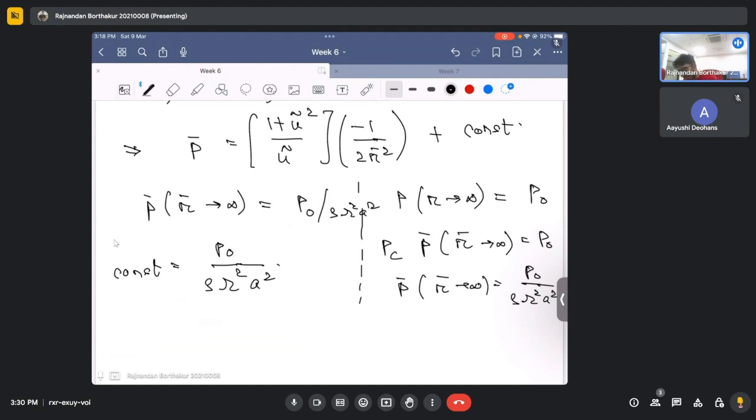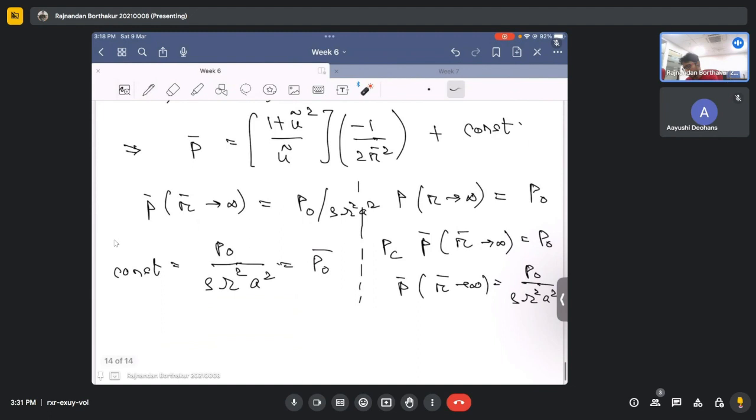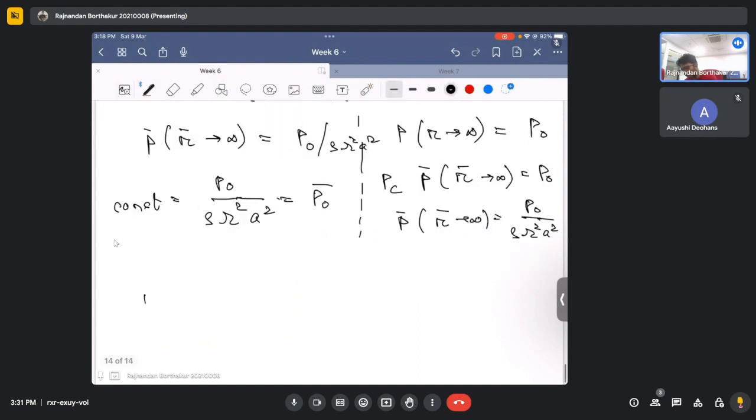Then you can just name it as some P naught bar, where P naught bar is basically the atmospheric pressure scaled with the characteristic pressure. So now you have got the pressure field.